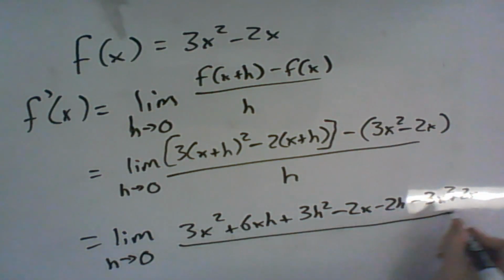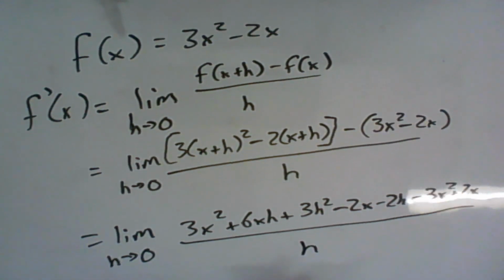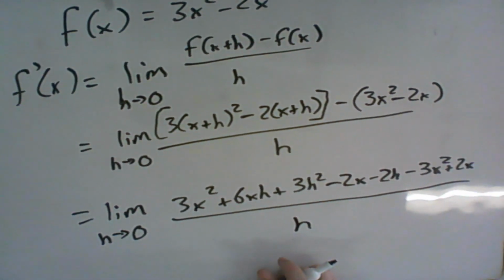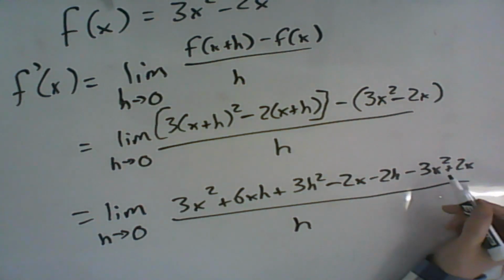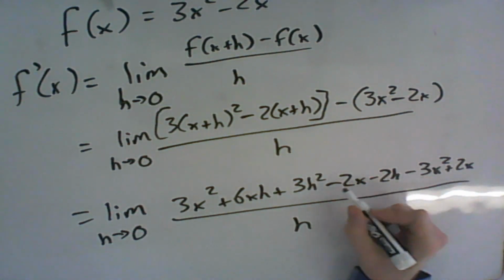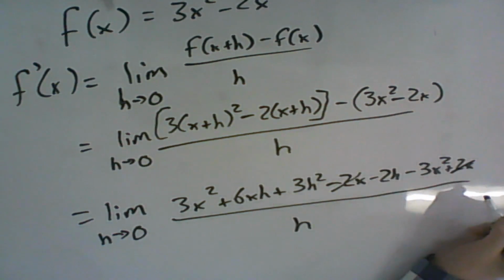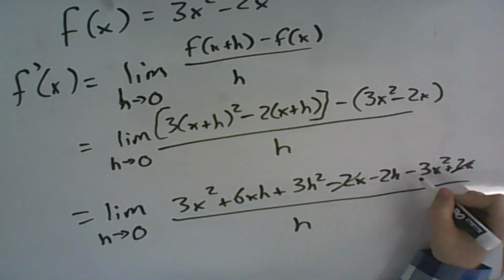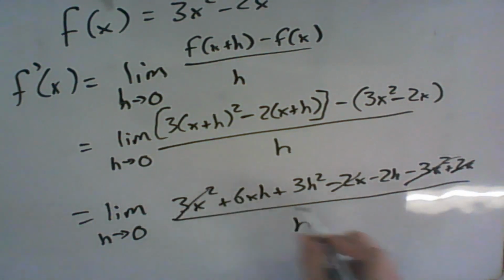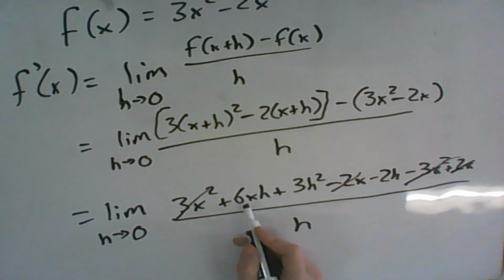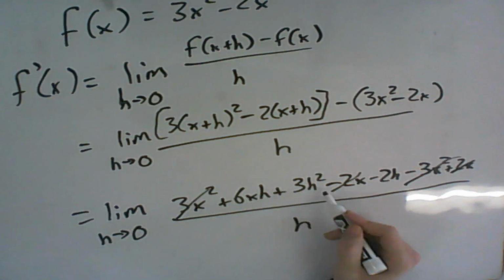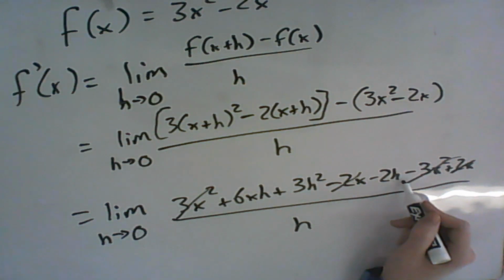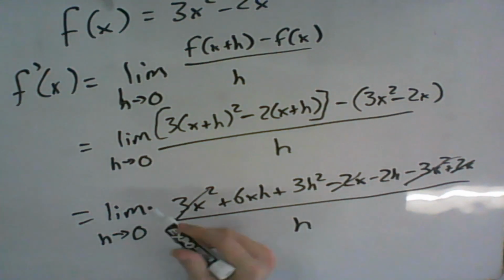It's very long. So what can be canceled? The negative 2x and the positive 2x cancel. The 3x squared and the negative 3x squared cancel. So we're going to have 6xh plus 3h squared minus 2h, all over h.